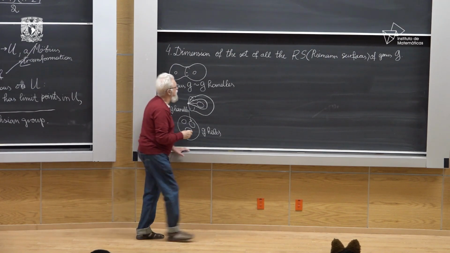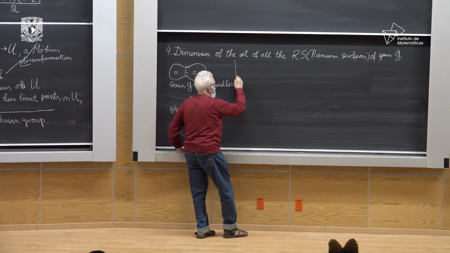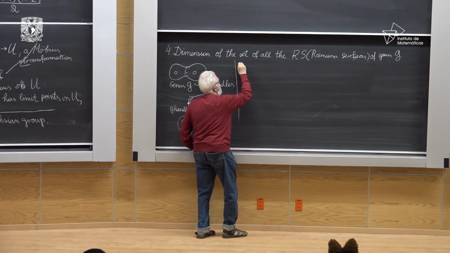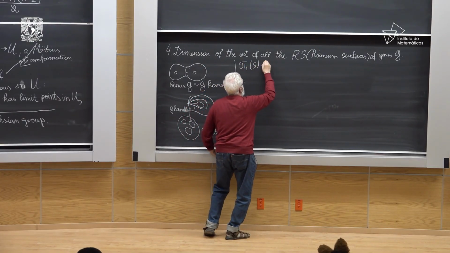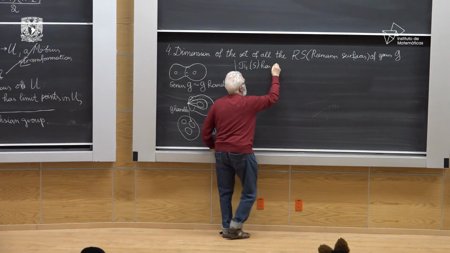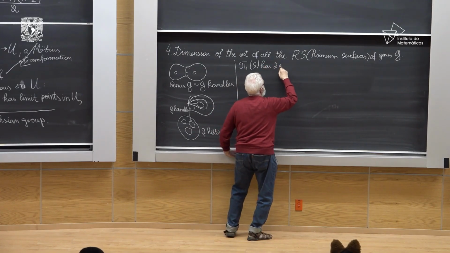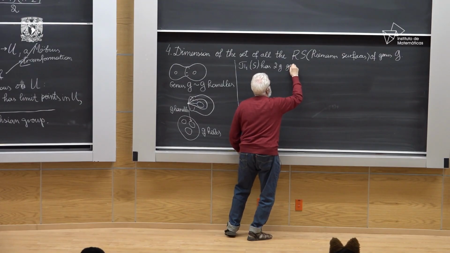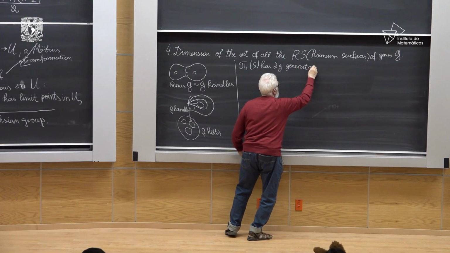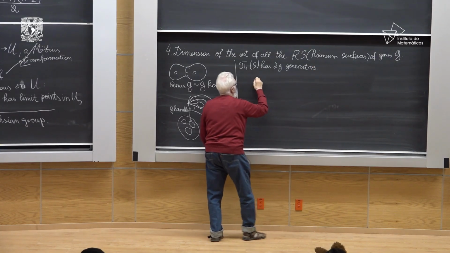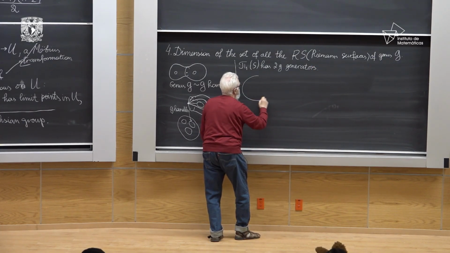So the group π1 has 2G generators. On a torus, these two generators are like this.